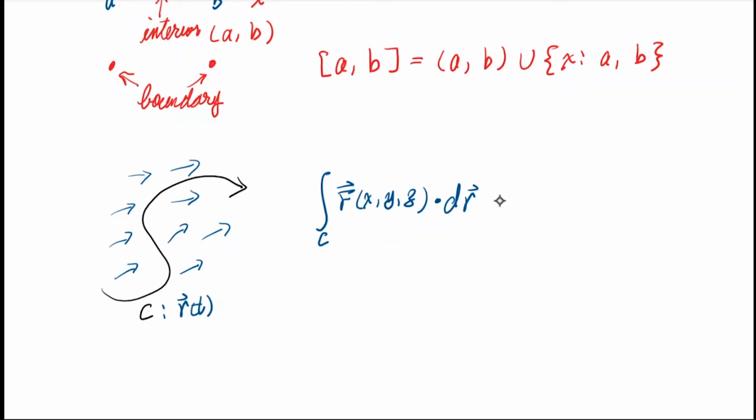This amazingly turns out to be f at the point where t is equal to b, minus f at the point where t is equal to a.